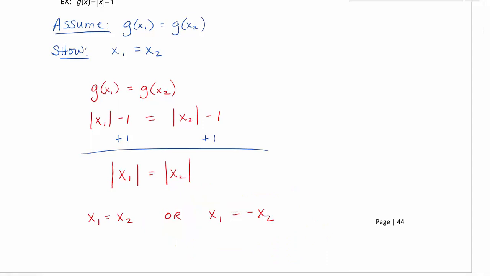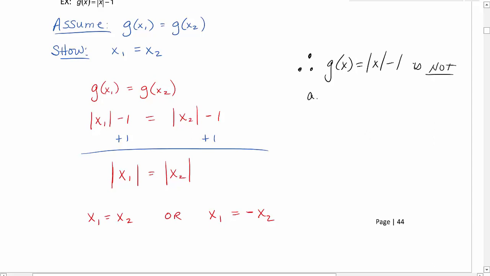So we'll write our wrap-up statement. Therefore, g of x equal to the absolute value of x minus 1 is not a one-to-one function by the contrapositive.